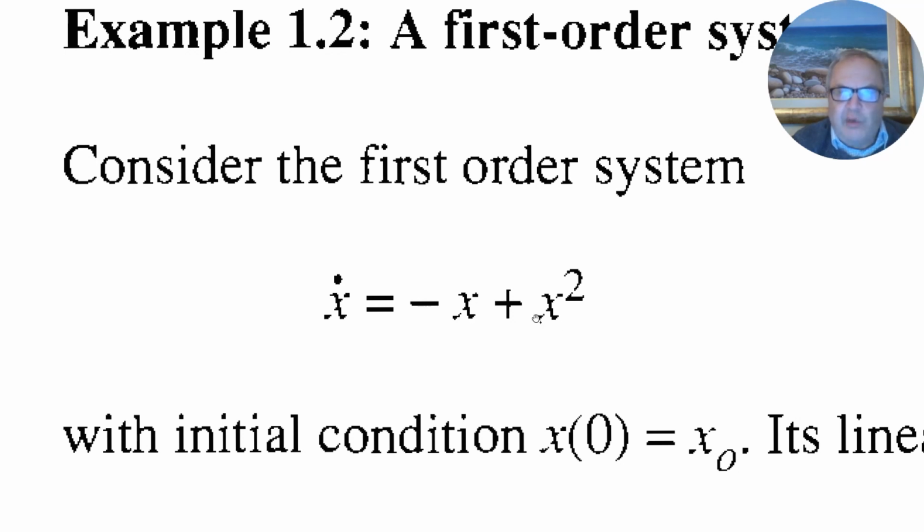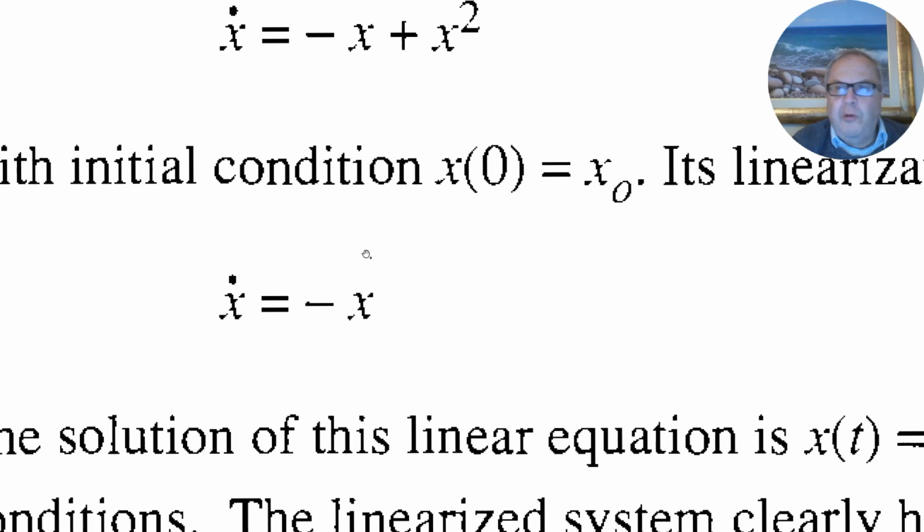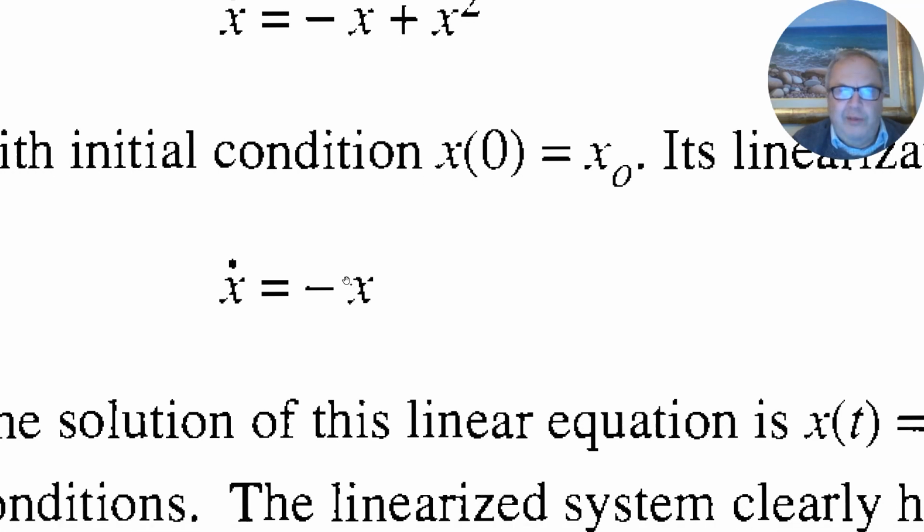Because for x equal to 0, but also for x equal to 1, x dot is equal to 0. X dot equal to 0 means that if you go to the equilibrium point, you will stay in the equilibrium point. But if the equilibrium point is stable, if you go a bit away from the equilibrium point, you must come back to the equilibrium point.